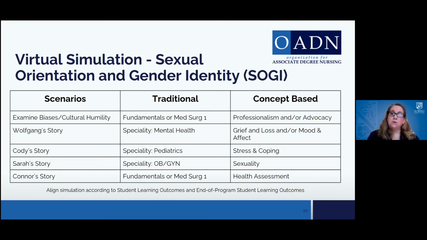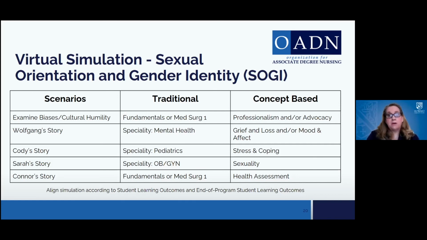But it's different when you go to a concept-based curriculum. You have to look at all the concepts that the faculty has chosen. And in this situation, you're examining biases and cultural humility, which really has to come first before you even open up the simulations. It would either fall under professionalism, or it could even fall under your concept for patient advocacy.